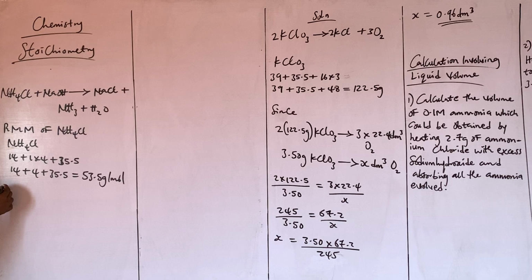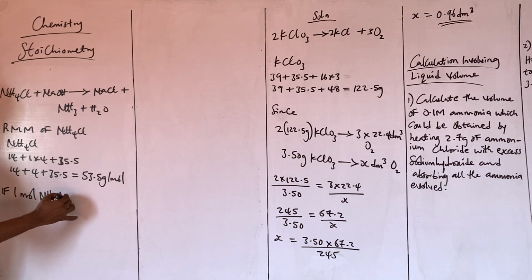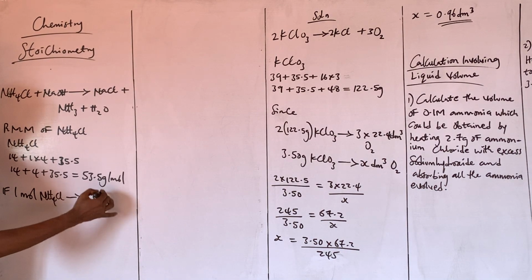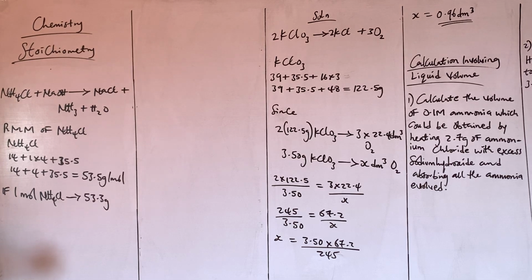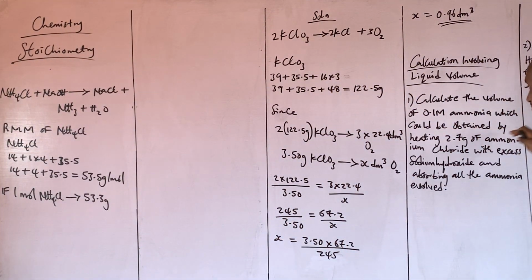We say if 1 mole of ammonium chloride gave 53.5 gram. They said ammonia which could be obtained by heating 2.7 gram of ammonium chloride, with excess sodium hydroxide, that is the reactant.